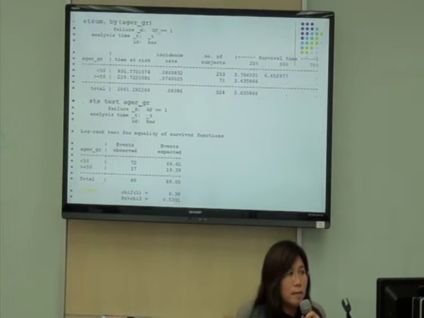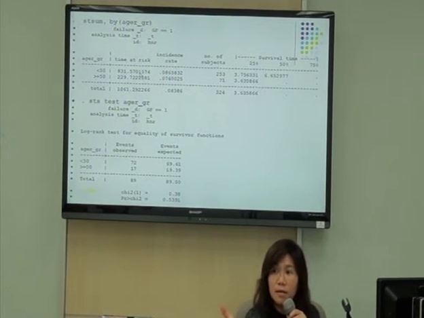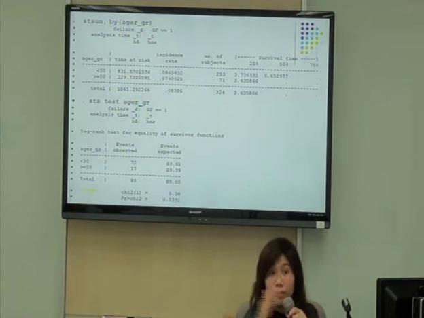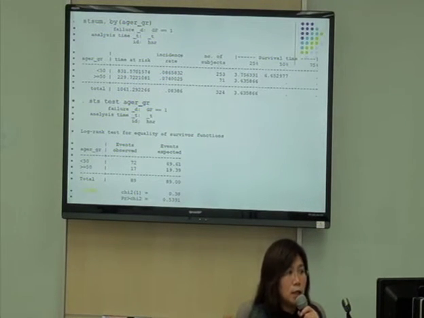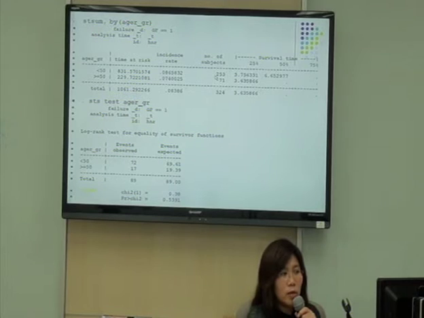The outcome is graft failure, the exposure is the age group, and you can see that they mostly report time at risk. Time at risk means person time, right? Person time is the denominator, and this is the total subject. This is the time at risk. Total subject is 253, but time at risk is 831 person-years.